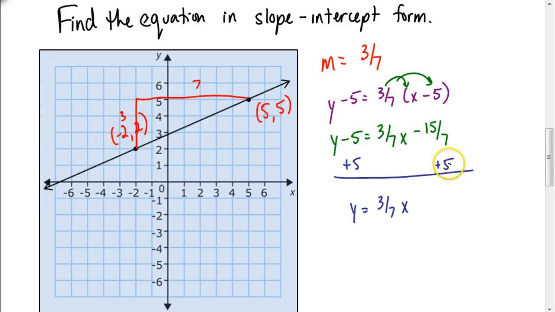So to do that, you just take and multiply the 5 by 7, which is 35. So this will be the same as 35/7. Now I can add that to the negative 15/7, and when you do that, you get 20 over 7, or 20/7. So this would be our equation. Our equation would be y equals 3/7 x plus 20/7.